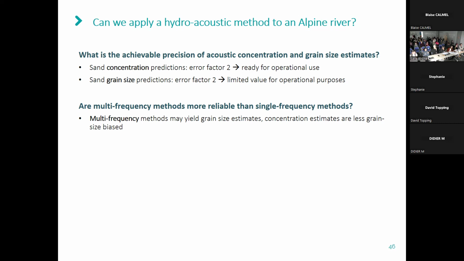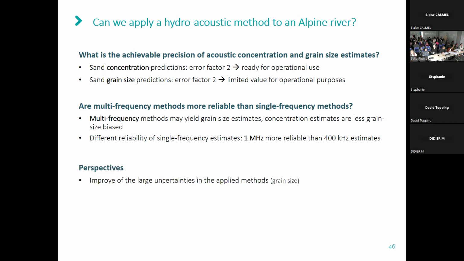And it also offers concentration estimates that are less grain size biased. In contrast, concerning single frequency estimates, we've seen that there are different reliabilities, but that the 1 megahertz has been slightly more reliable than the 400 kilohertz, which tends to be more affected by changes in grain size due to its lower frequency.